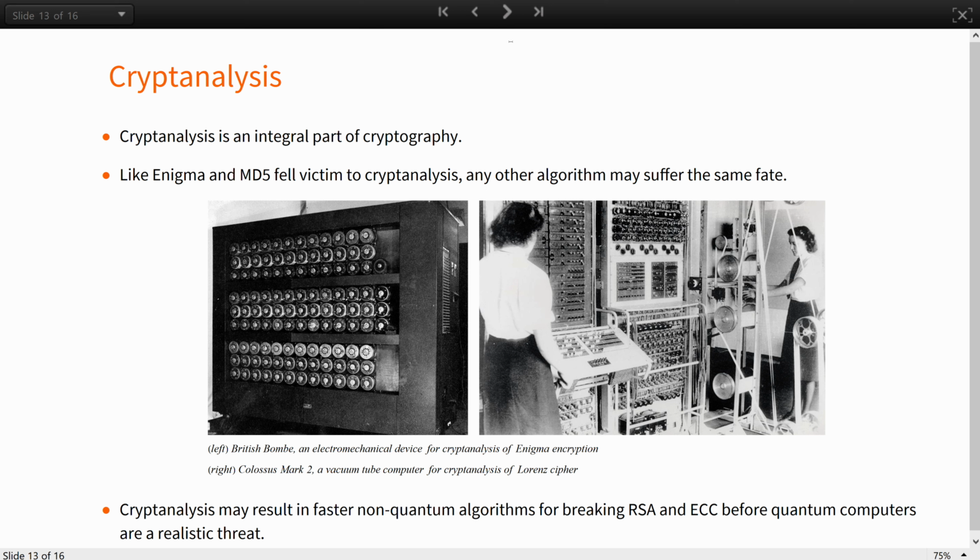For instance, asymmetric cryptography algorithms are based on number theoretical problems that are being studied intensively. The studies may well result in faster non-quantum algorithms for factorizations or discrete logarithms that would render RSA and elliptic curves insecure even before quantum computers are a realistic threat.